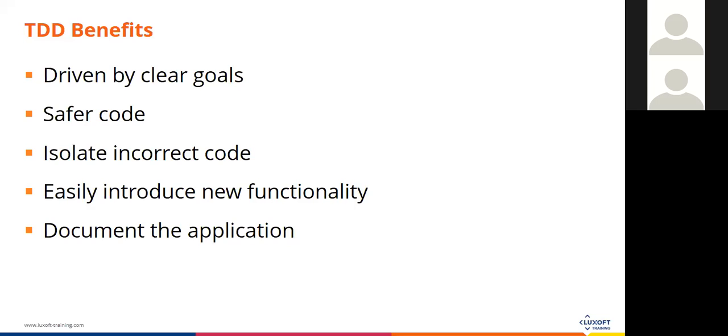It will isolate the incorrect code. You will be able to easily introduce new functionality, both because you are driven by the tests, so you know exactly what to address, and also because we make sure that we don't touch the old, well-running functionality.